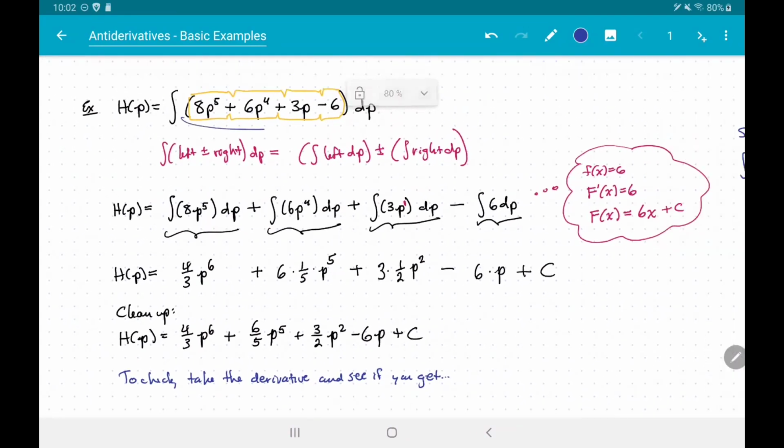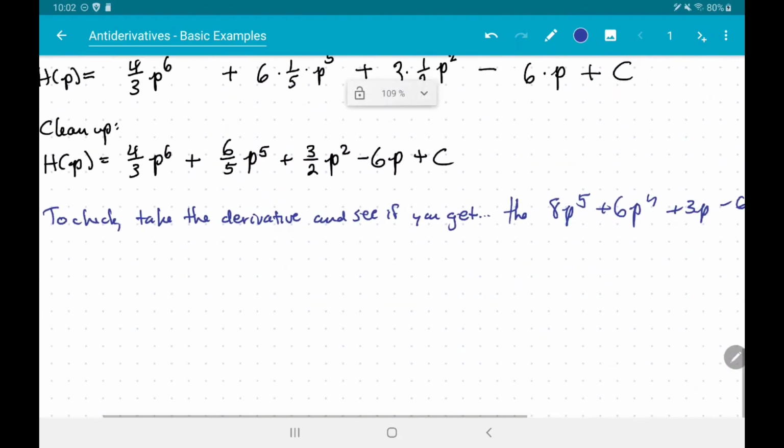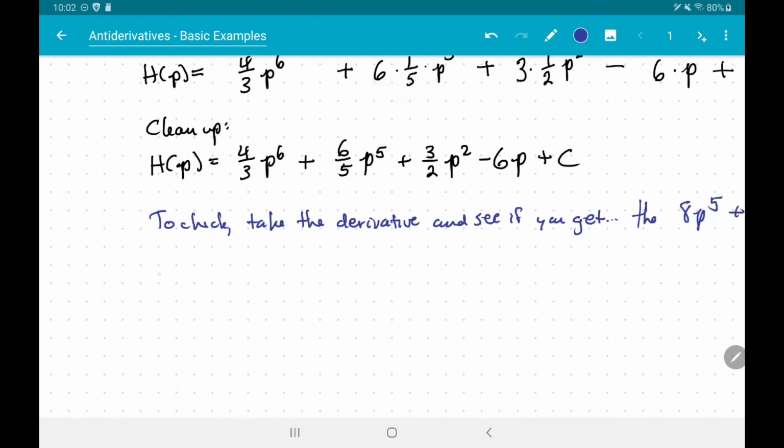You should expect to get this thing that was inside the integration symbol. So you should get the 8p to the 5th plus 6p to the 4th plus 3p minus 6. Okay, well, let's take the derivative h prime of p and see what we get.